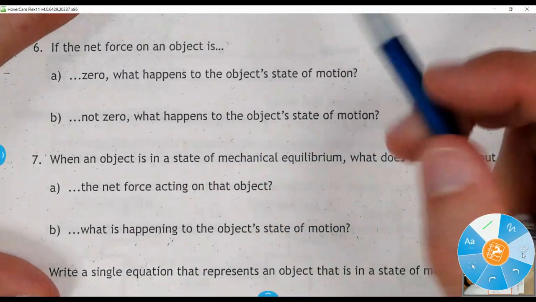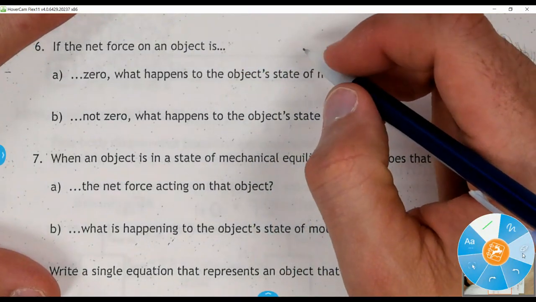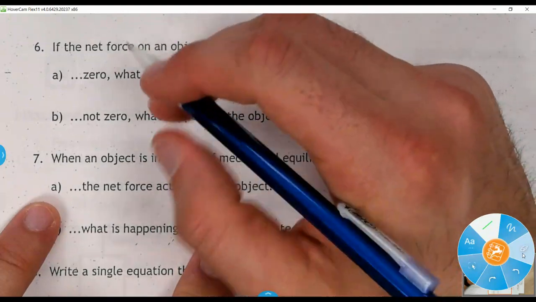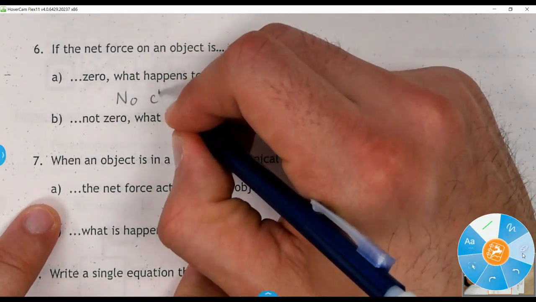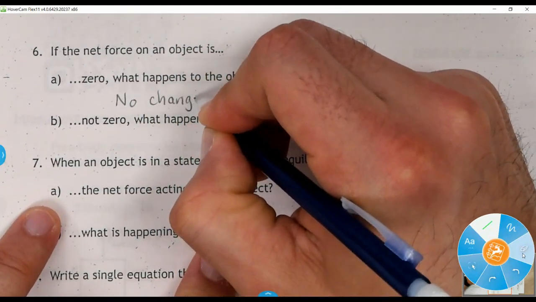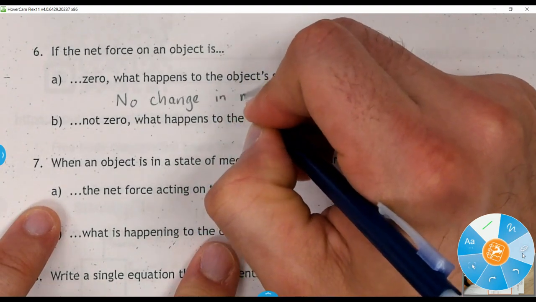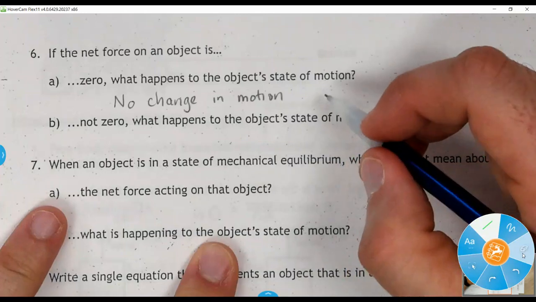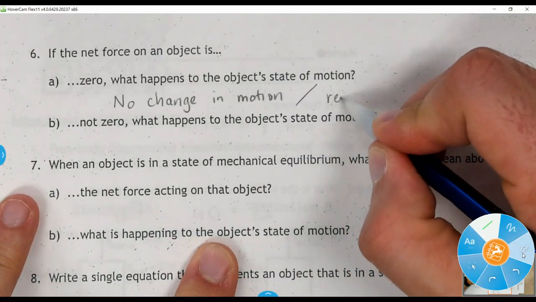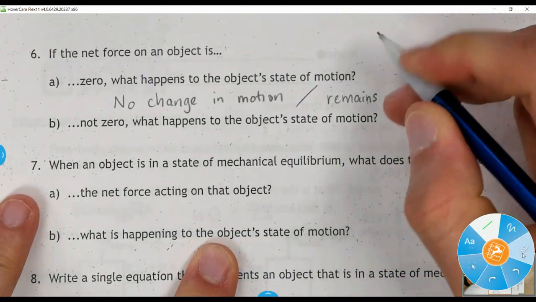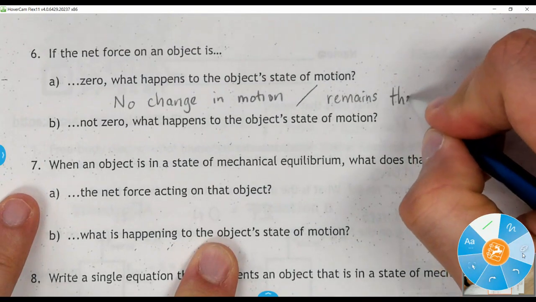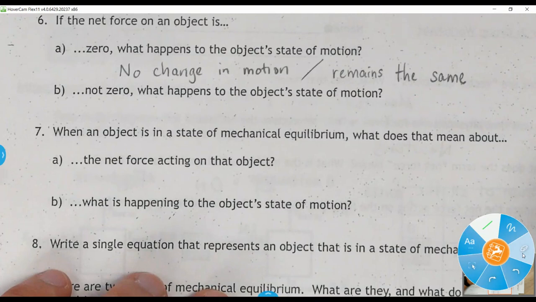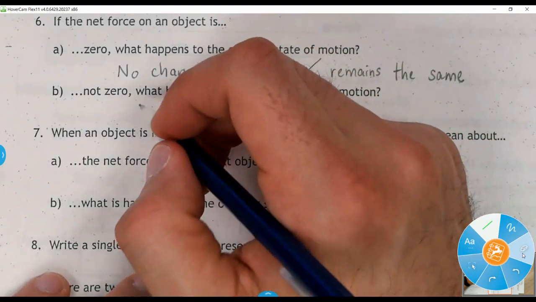If the net force of an object is 0, what's going to happen to the state of the motion? From the notes, no change in motion. It remains the same. If it's not 0, what happens?